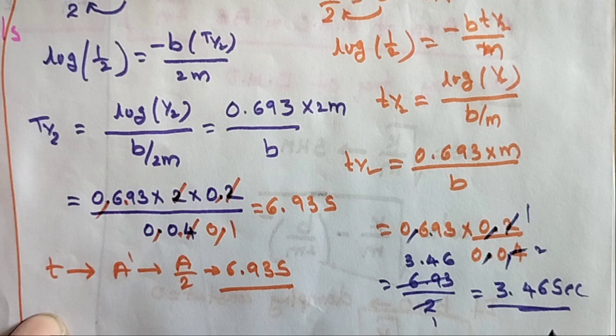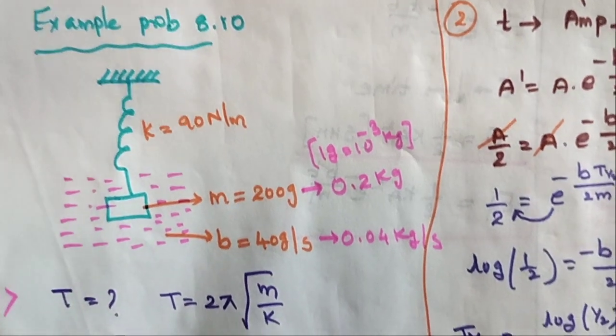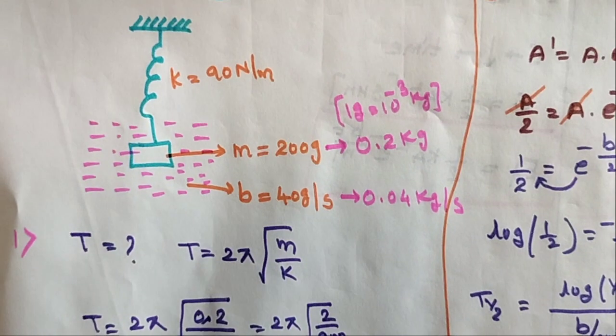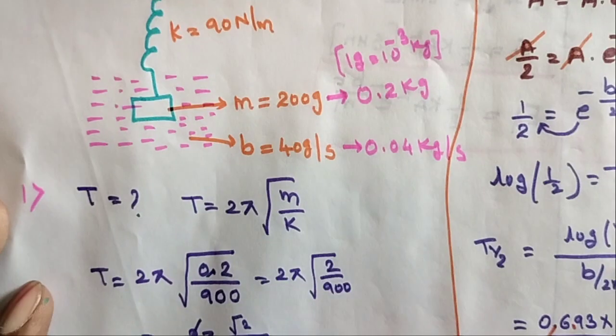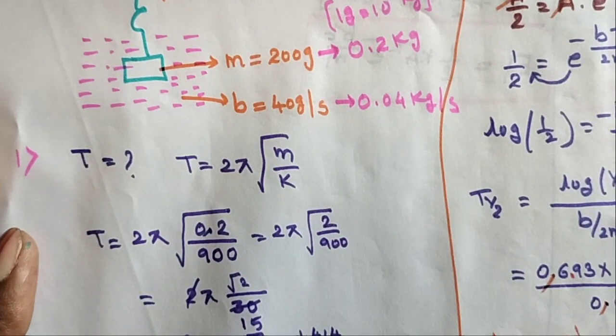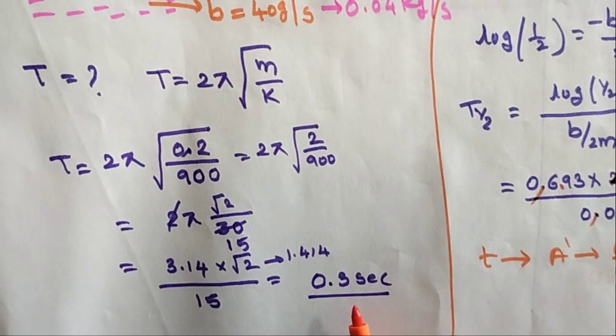It is the energy. So this is problem number 8.10. Here you can calculate: one is the time period, T is equal to 2π root m by k. So what is the time period? T is equal to 0.3 seconds.